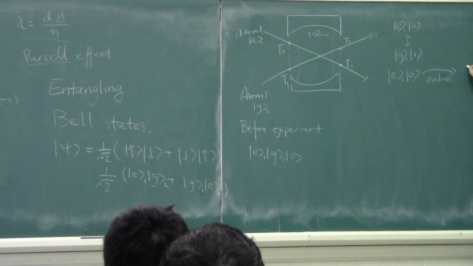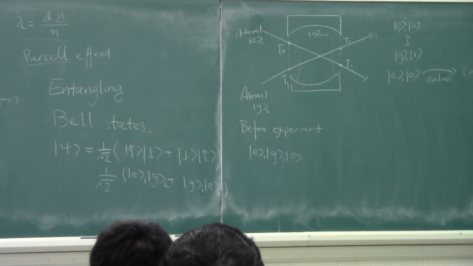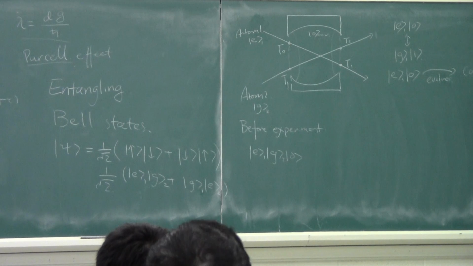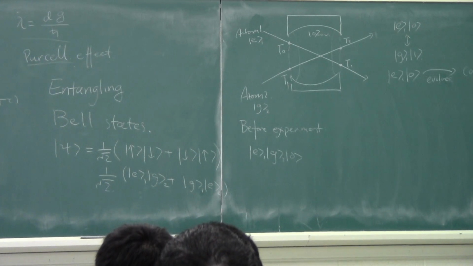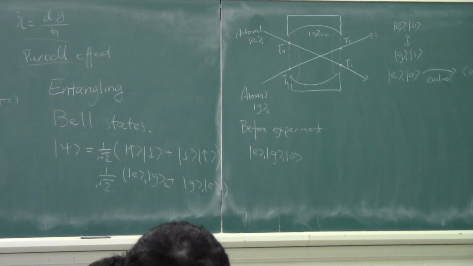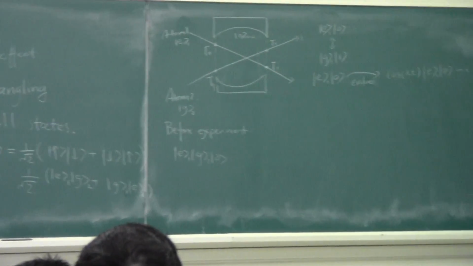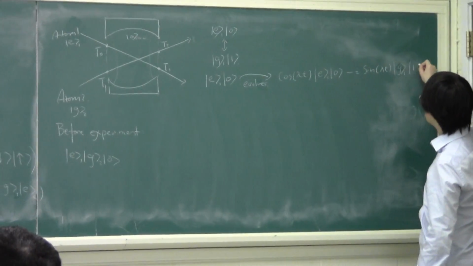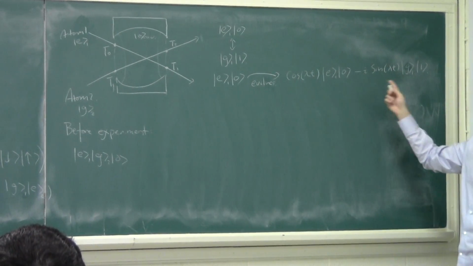into cosine of lambda t, because we know that it's in a vacuum, times... Can everybody see this?